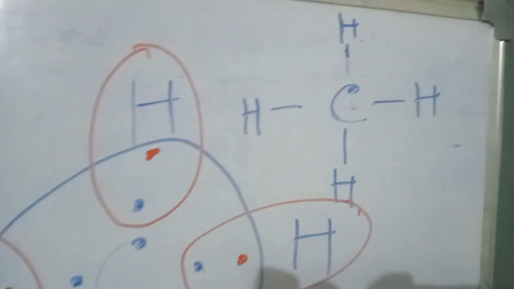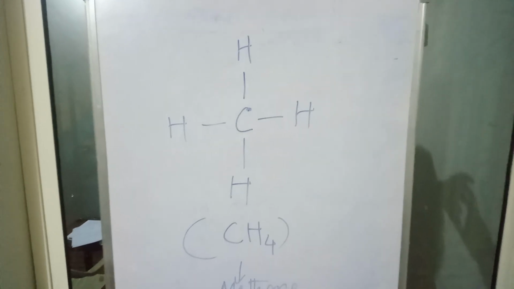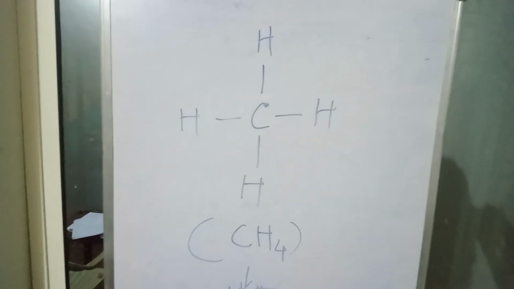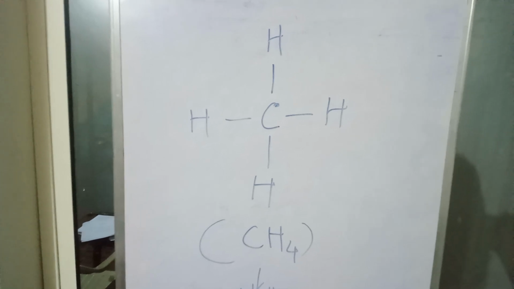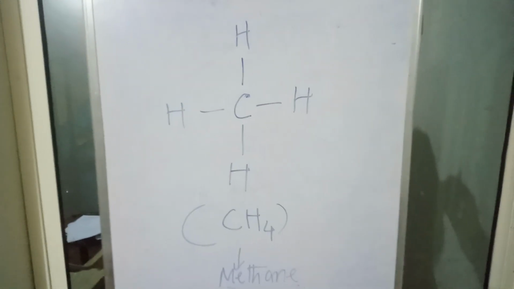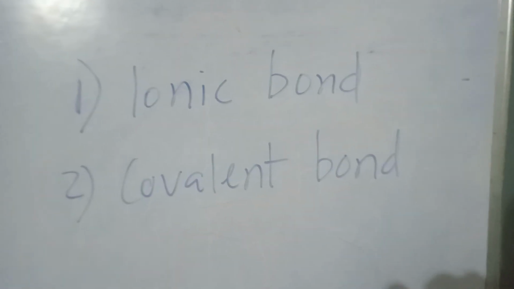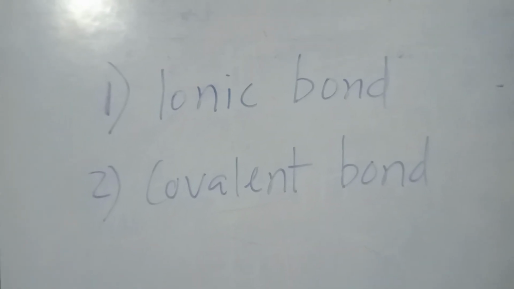This is CH4. Now it can be represented as C with hydrogen on 4 sides. The dashes or the lines represent the covalent bond. This is our CH4, and it is called methane. The name is methane.